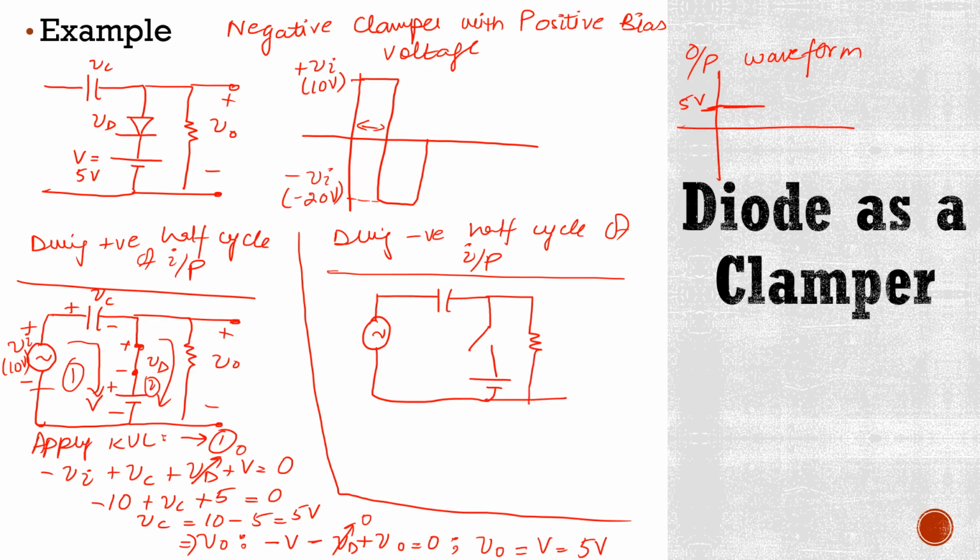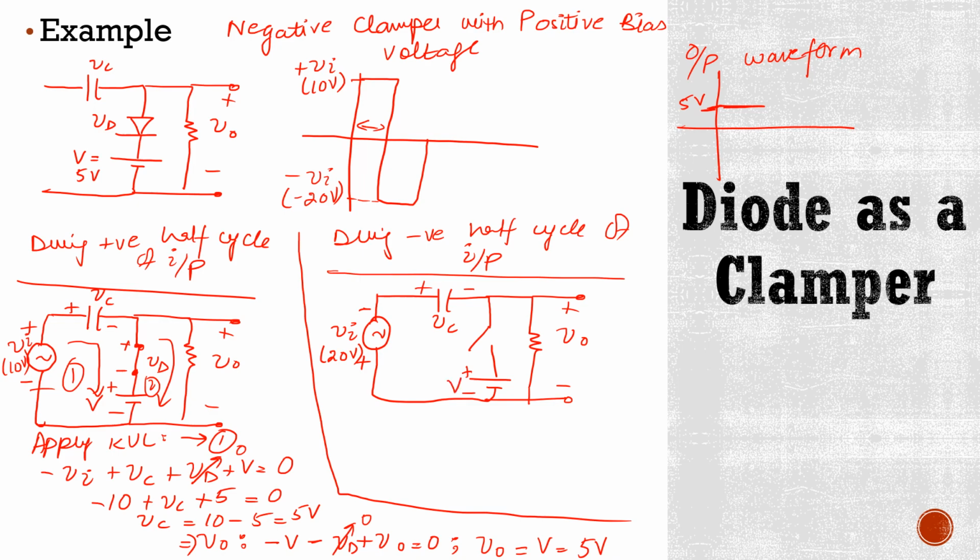Okay, this is positive, this is negative, this is V0, this is positive, negative, VC, this is negative, positive, because here we're talking about negative half cycle, this is Vi and it is 20 volts now, and positive, negative.